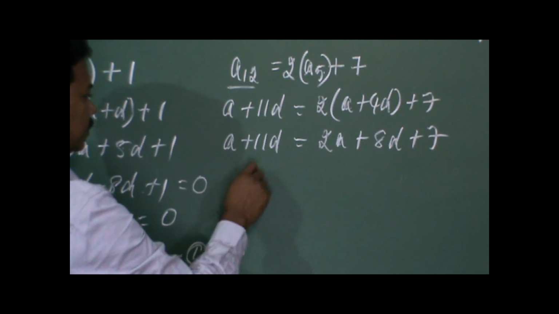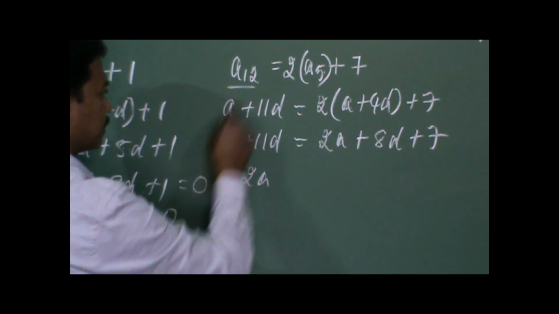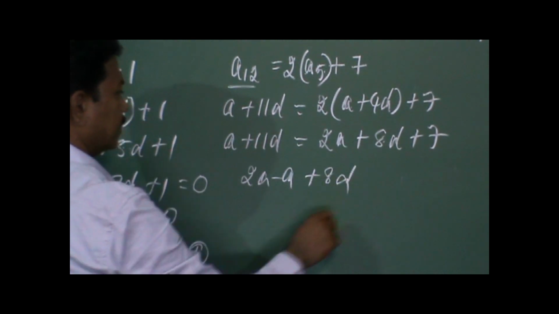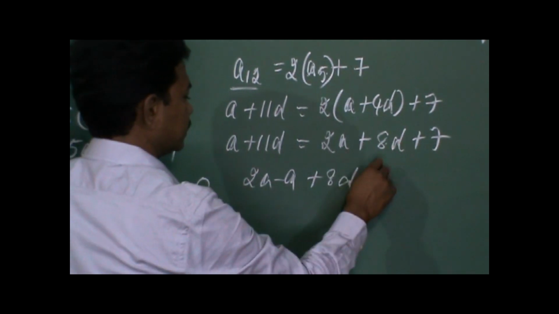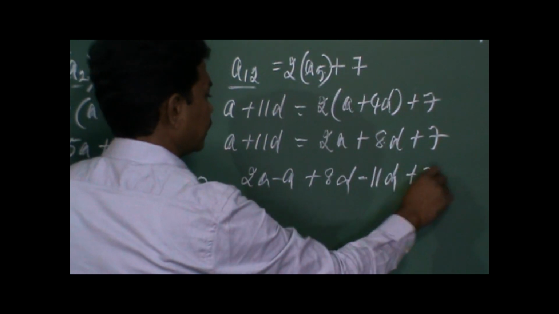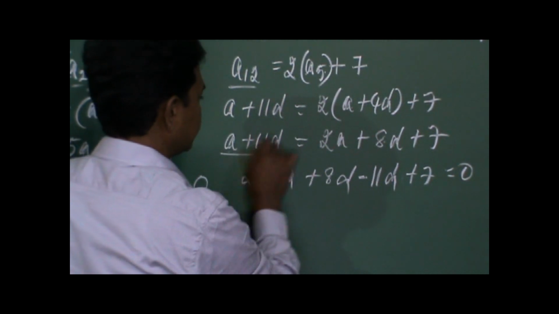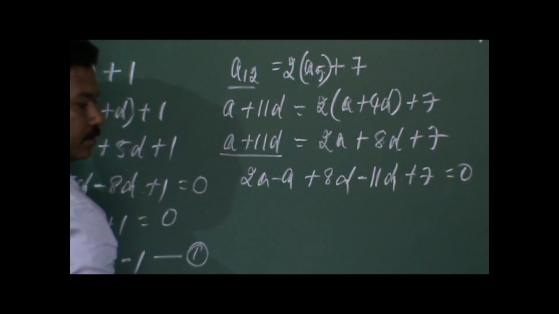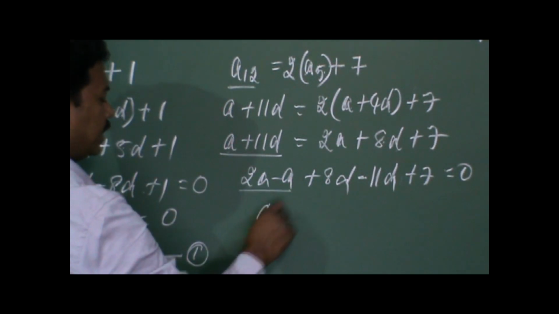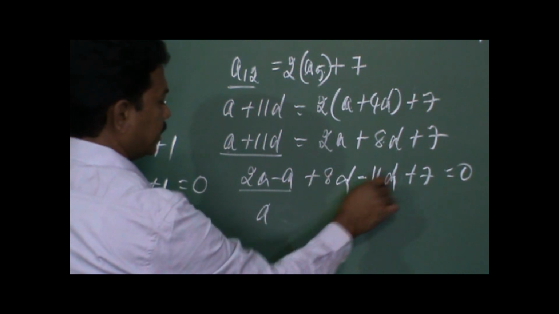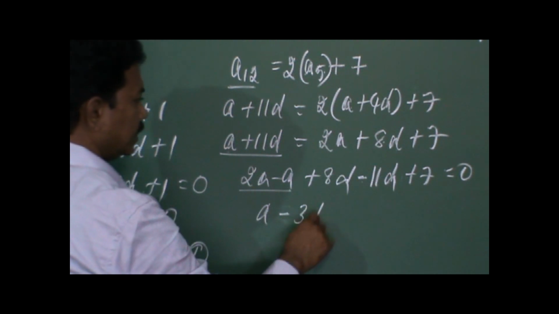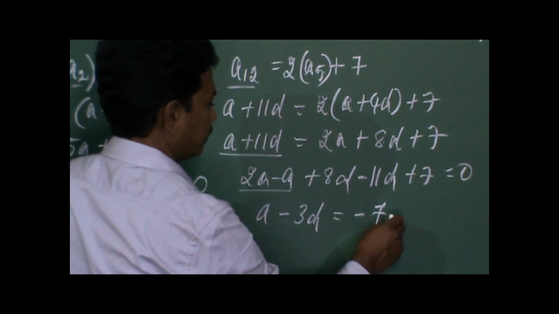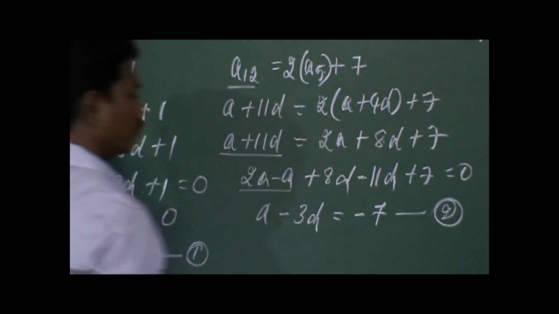So it becomes 2A, plus A gets transposed, minus A, plus 8D, plus 11D gets transposed, it is minus 11D, plus 7 remains, and as these two terms have been transposed to RHS, nothing remains. I have written equal to 0. So 2A minus A is A, and 8D minus 11D is minus 3D, is equal to plus 7 which I will transpose, that becomes equal to minus 7. Take it as equation 2.